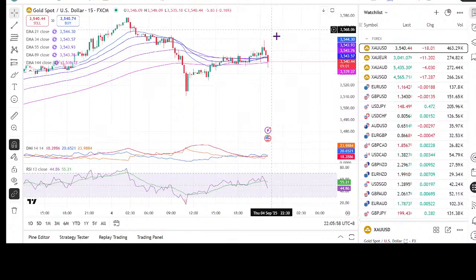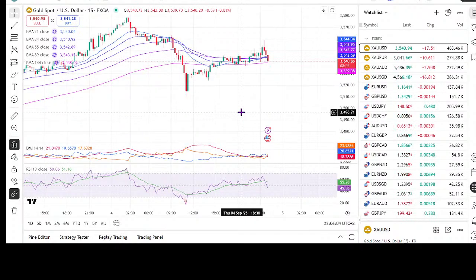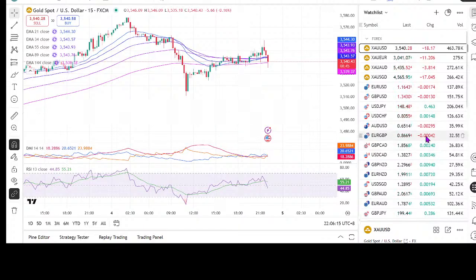So now it's a bit tricky here. Let's wait for this market to stabilize, because we can't keep on taking losses. You see the market right now, we went down to 35 and now it's coming back to 41. The market is very fast.